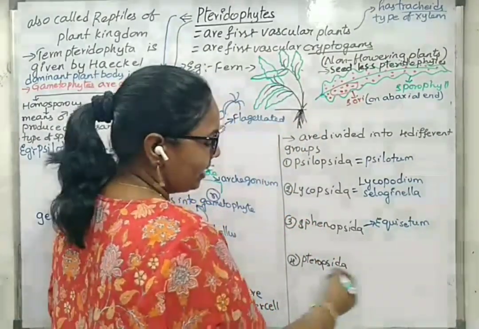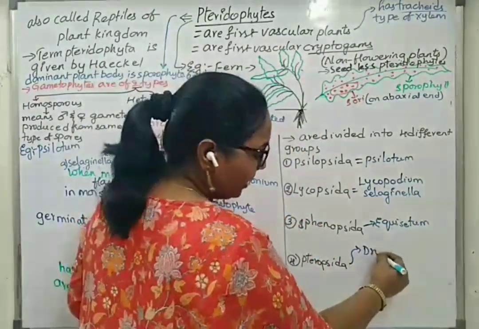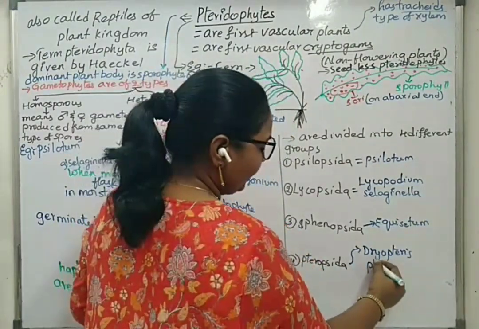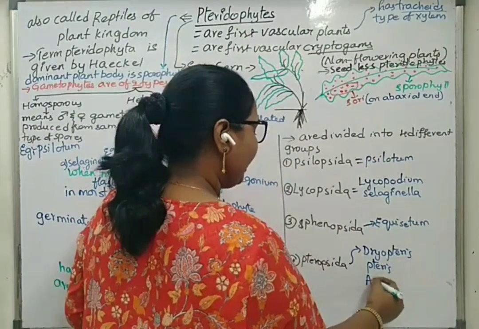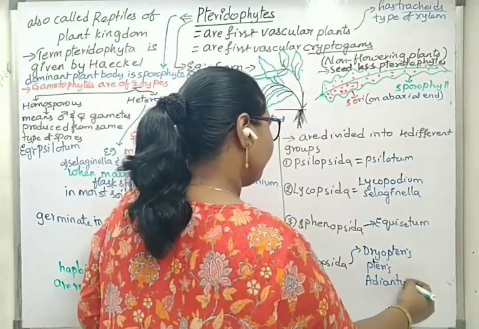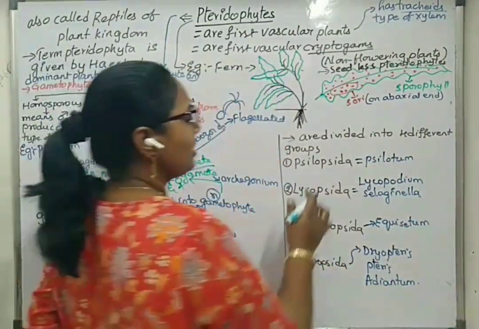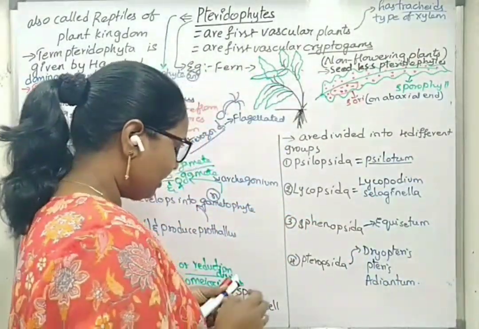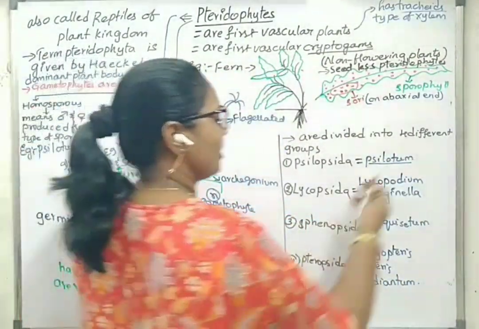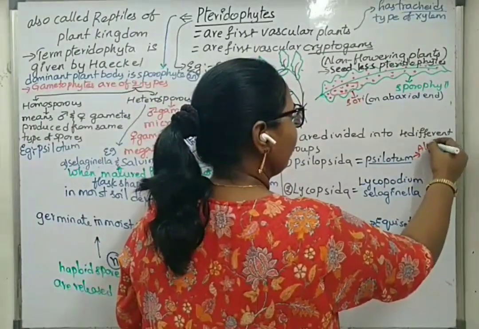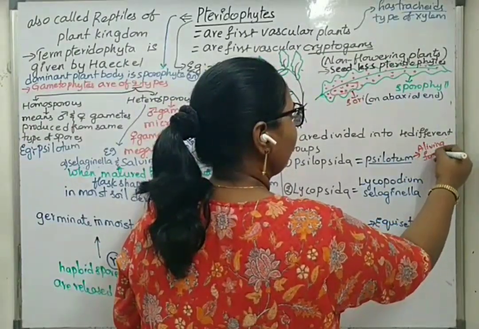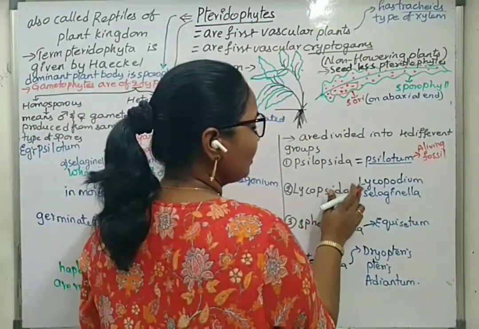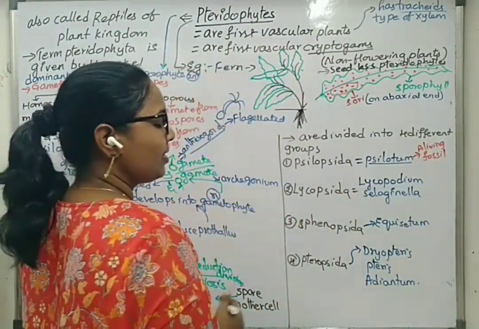Under Pteropsida, examples are Dryopteris, Pteris and Adiantum. Psilotum is termed a living fossil.